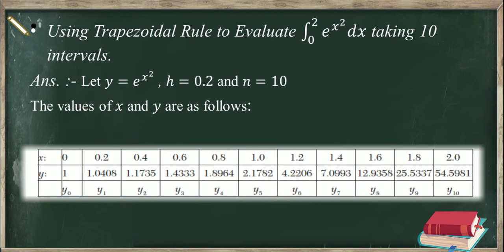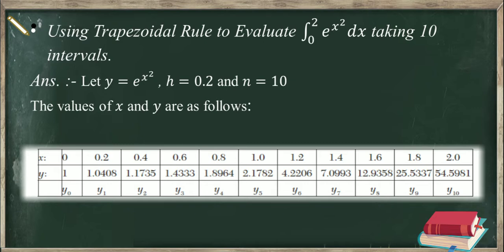Next example, use the trapezoidal rule to evaluate integration 0 to 2 of e raised to x square dx, taking 10 intervals. Let y is equal to e raised to x square, h is equal to 0.2 and n is equal to 10.